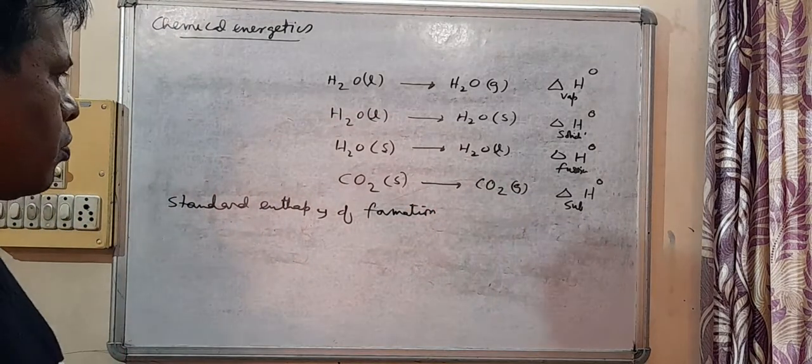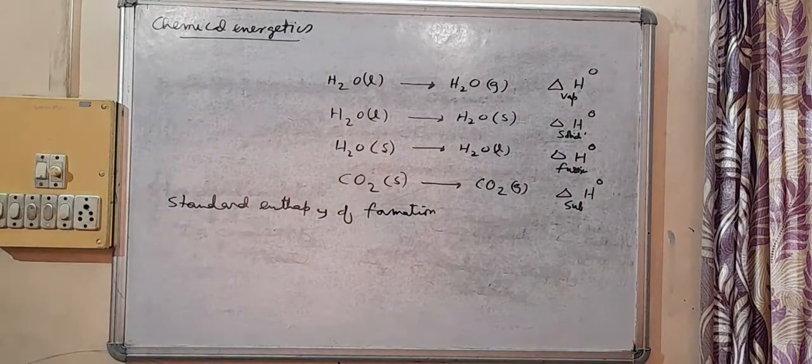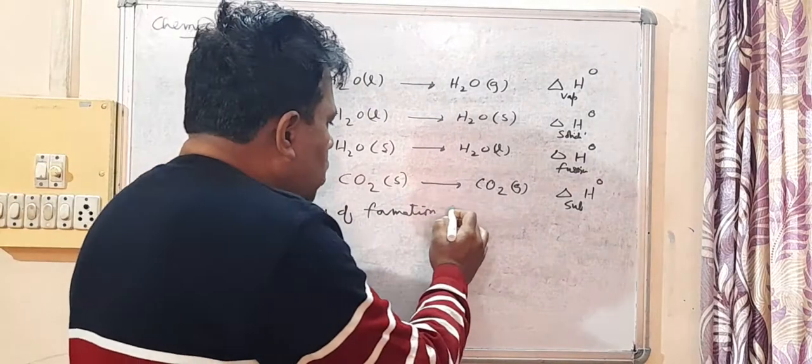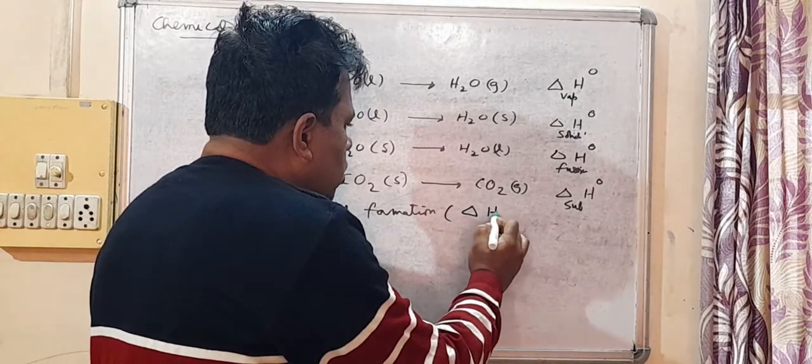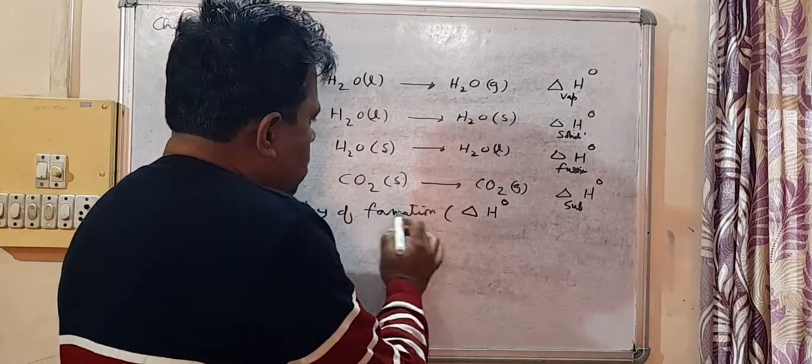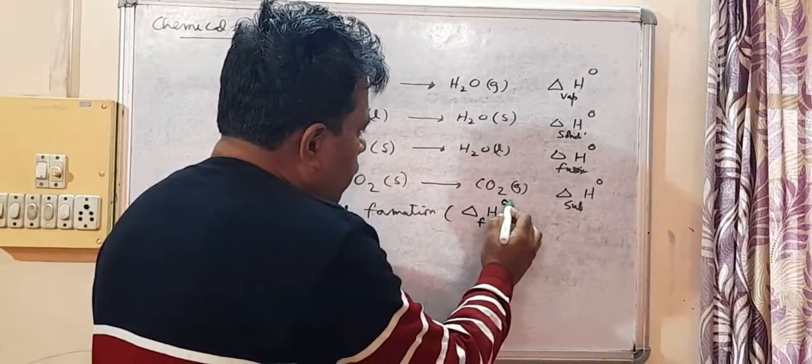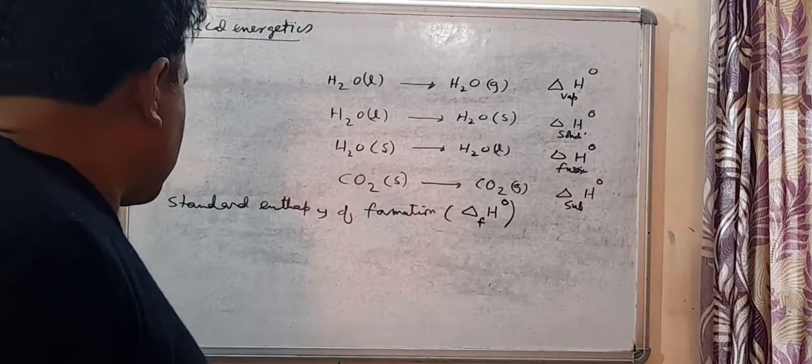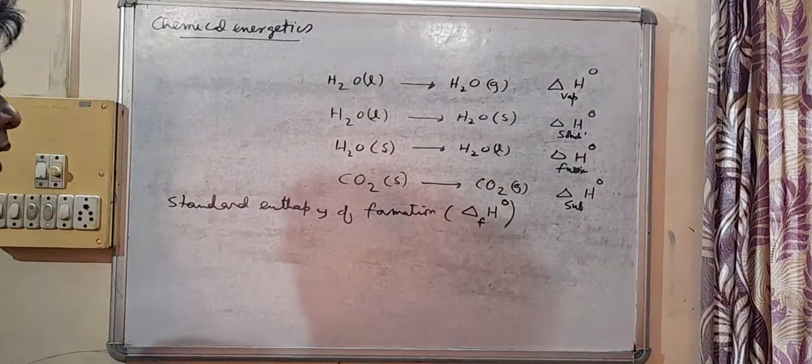Standard enthalpy of formation. And its symbol is delta H naught, and since it is formation we write here F. So what is standard enthalpy of formation?